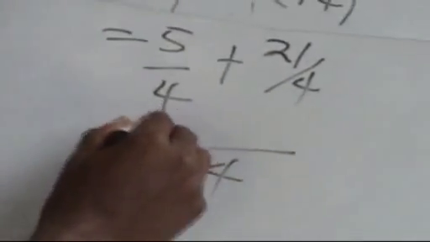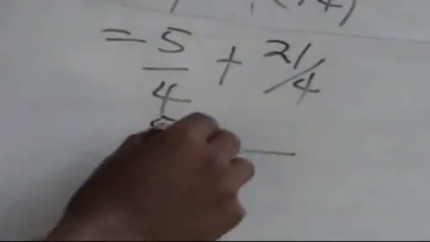The LCM of 4 and 4 is 4. 4 divided by 4 will give 1, 1 times 5 will give 5, plus 4 divided by 4 will give 1, 1 times 21 will give 21 there.